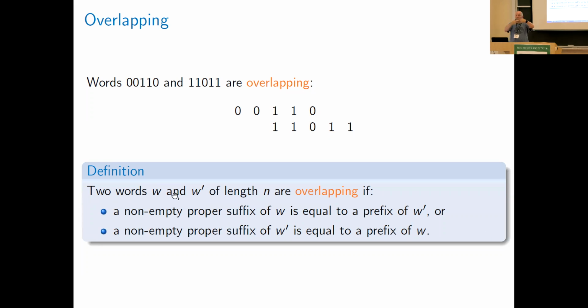So there have to be actual symbols in the overlap, and it has to be proper, so I don't allow zero shift. That's what overlapping means. So for any pair of code words over some alphabet, they're either overlapping or they're not. They might overlap in several different shifts, possibly.